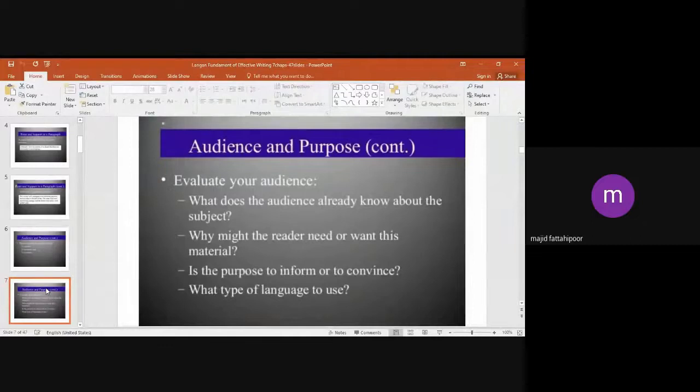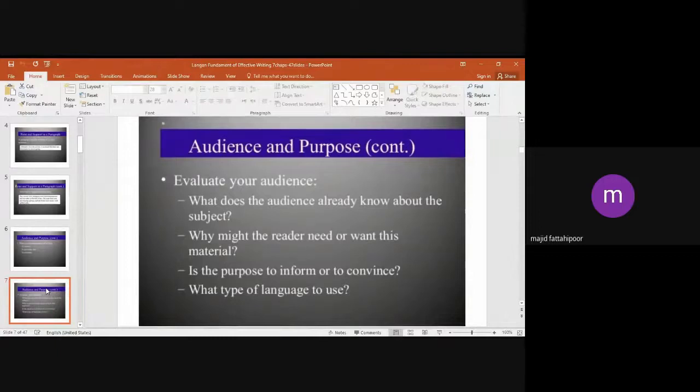And okay, another question for evaluating your audience is why might the reader need or want this material? Because we have to see whether our readership likes it or needs it in some way.